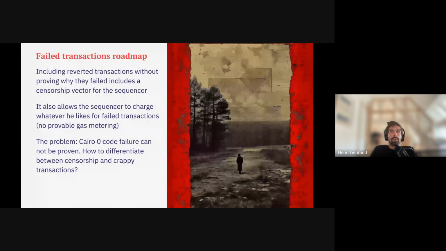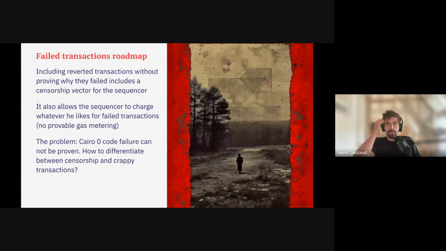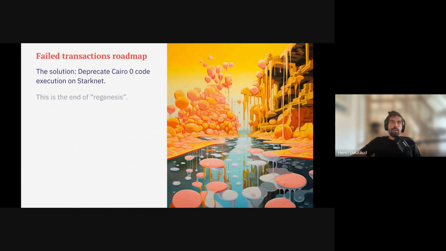You want to be able to prove that you charge them the correct amount. But it's a non-trivial issue because from a verifier standpoint, there's no way to distinguish between crappy transactions and censorship. There's no way to distinguish between transactions that legitimately fail and a sequencer that decides, no, I'm not going to execute that transaction.